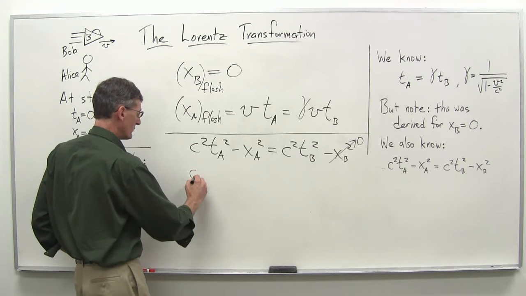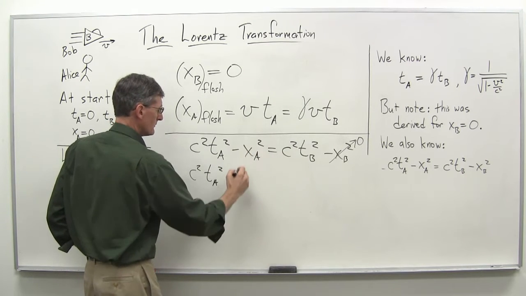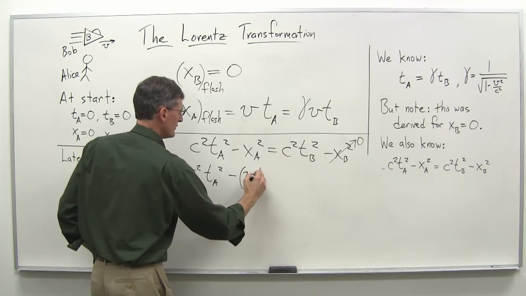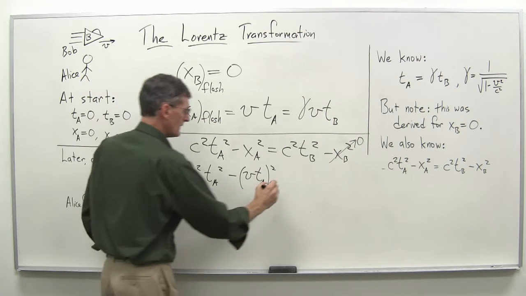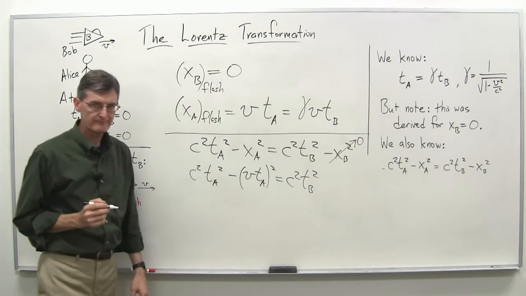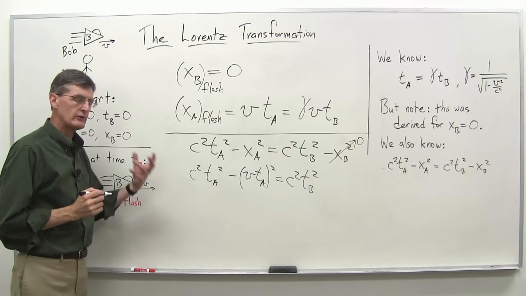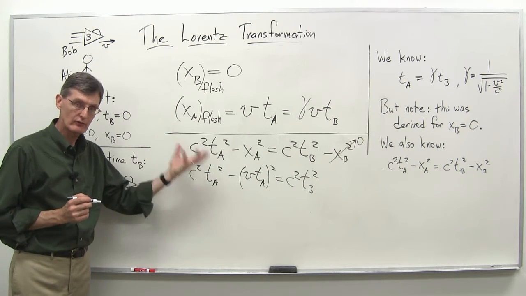So we're going to get c squared t_a squared minus (v t_a) squared equals c squared t_b squared. The advantage of these formulas is that once you set it up correctly, you just crank through it.